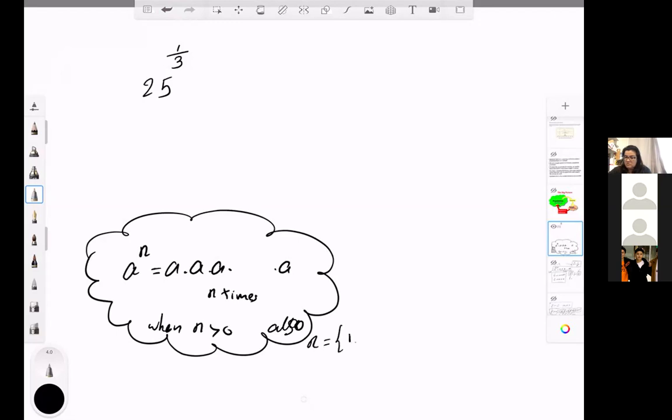That means it can be 1, 2, 3, 4. Only when it's an integer can we use this rule. 1/3 is not an integer, so we cannot multiply the 25 by itself 1/3 of a time. So what do we do?